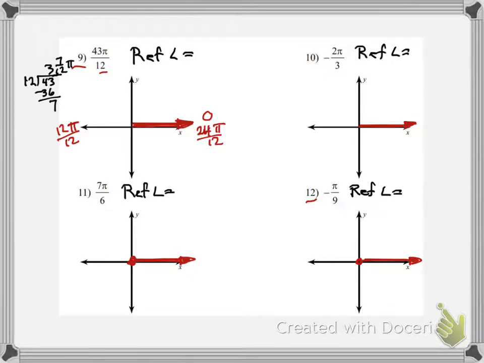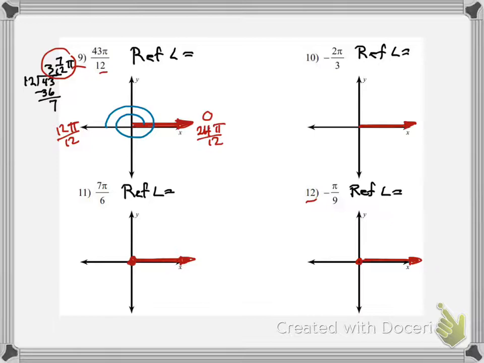If I think about it using this, I could say I need 3 and 7/12 of a pi. I need 1 pi, 2 pi, 3 pi, and 7/12 of a pi.